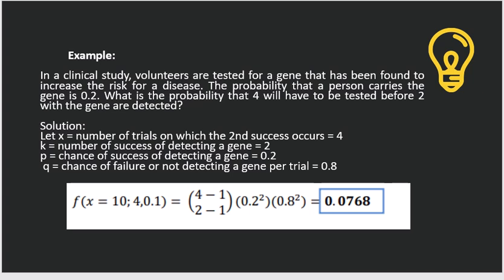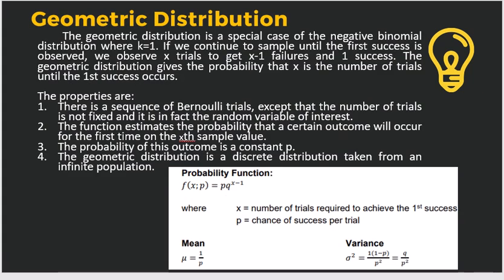If you follow the formula, you have x minus 1 choose k minus 1, your p raised to k, and your q raised to x minus k. So you have 0.0768.